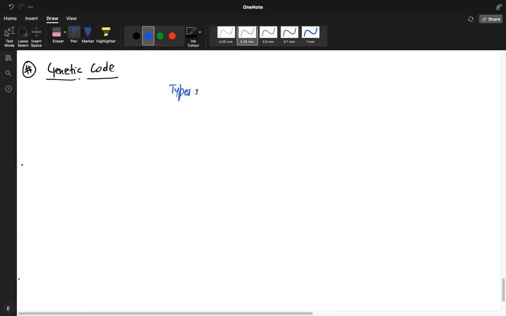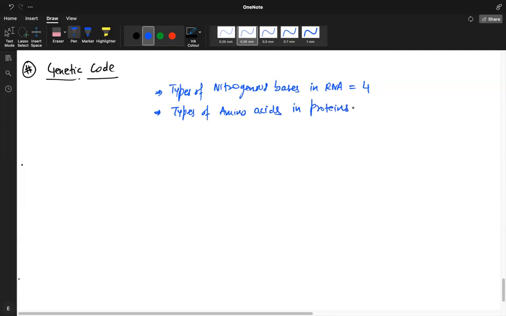So types of nitrogenous bases in a RNA, which will be studied, is 4: A, U, G, and C. And types of amino acids in any protein is 20. To be exact, it is 22 now.